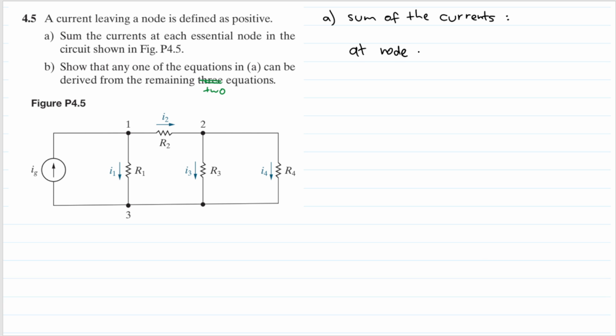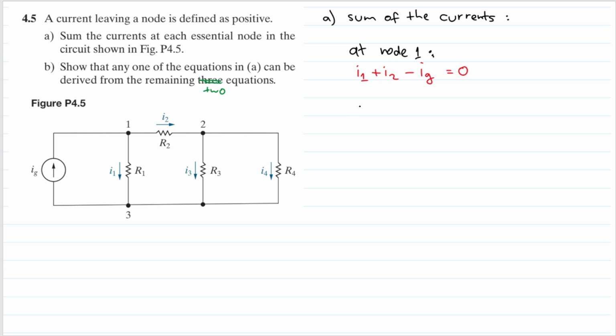At node 1, the positive ones are I2 and I1, so we can just add them up. I1 plus I2. But then Ig is going into the node, so the sign will be negative, right? So I'll have minus Ig is equal to 0. And this is the equation for essential node number 1.